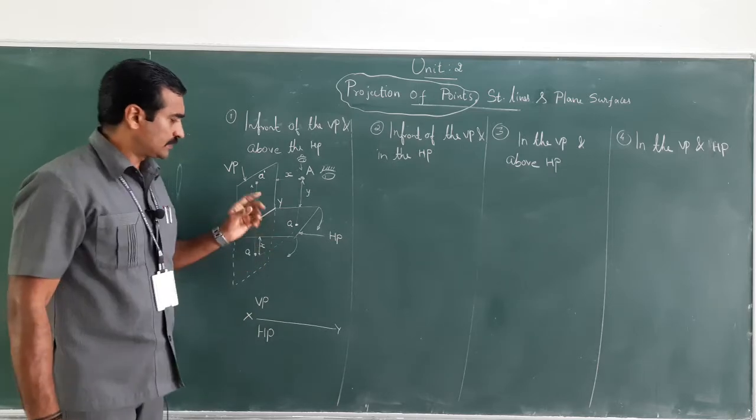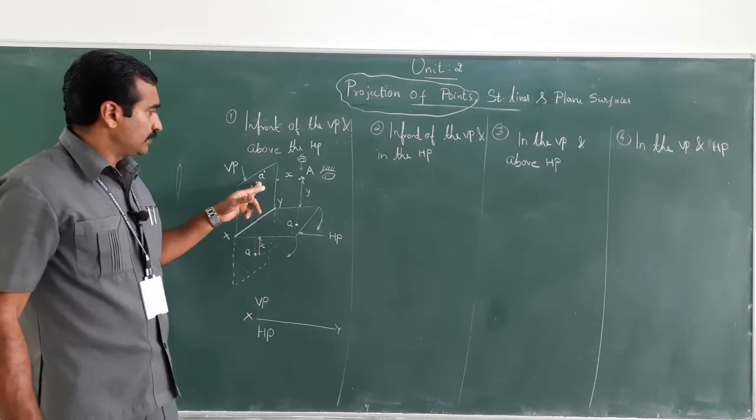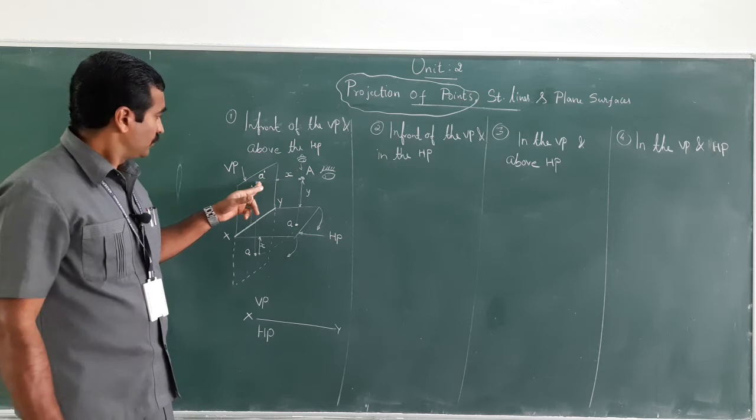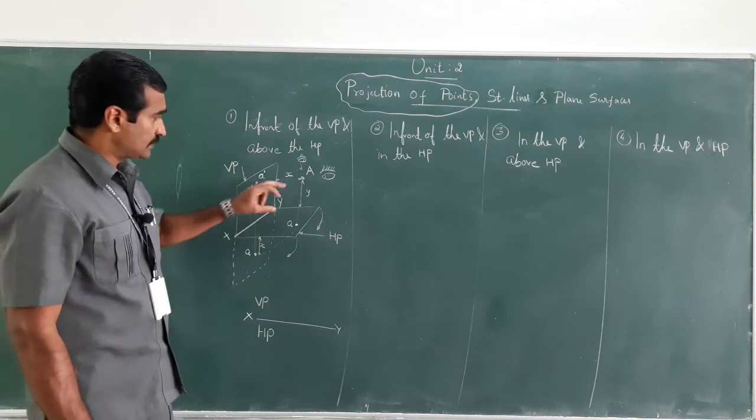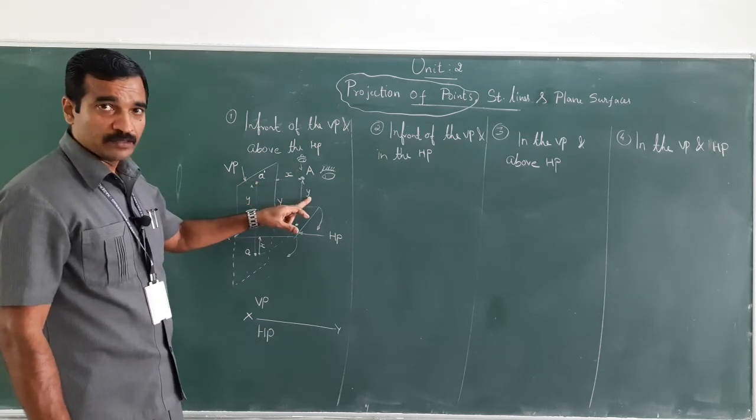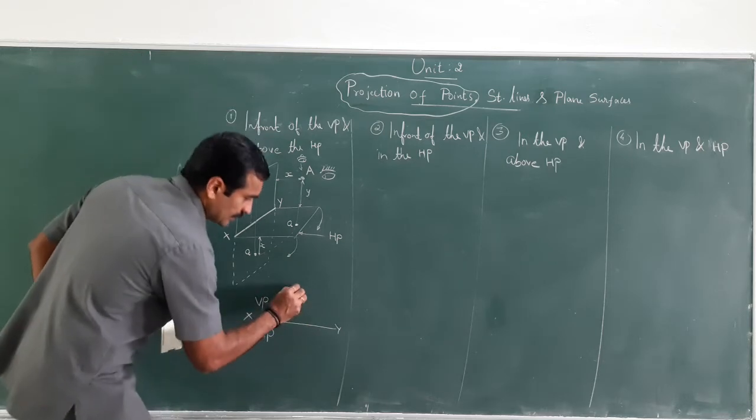And this particular object, that is the point, is in front of the VP by some distance of Y, right? From here it is here.